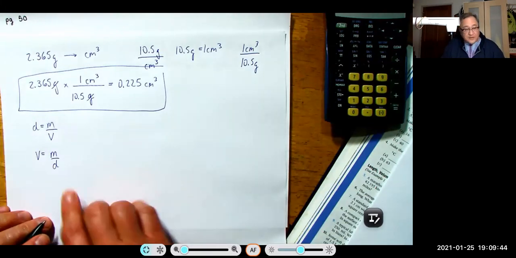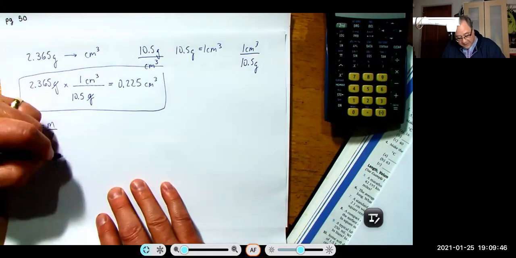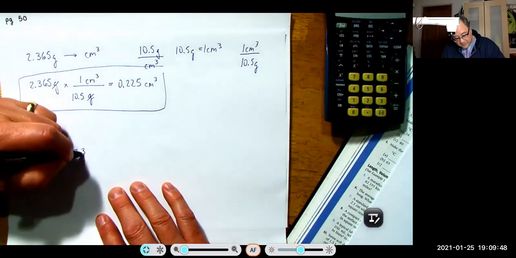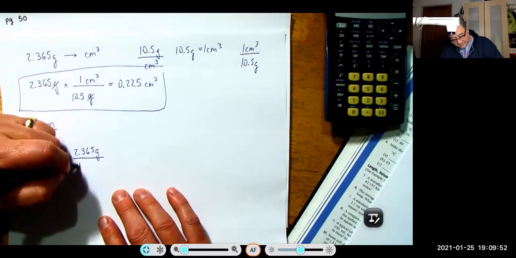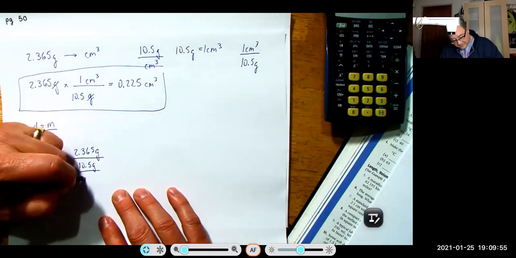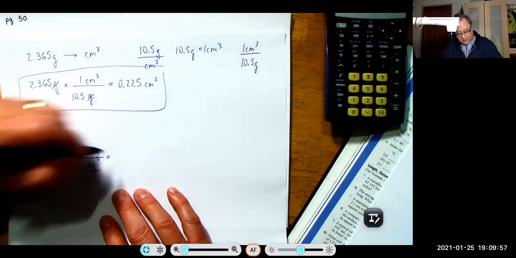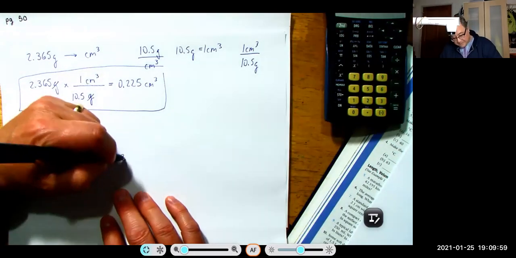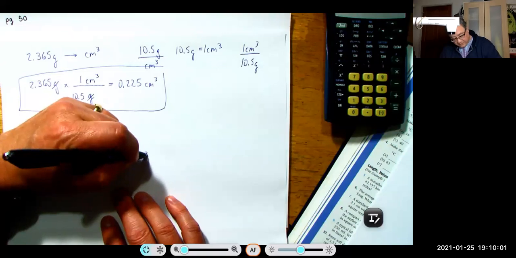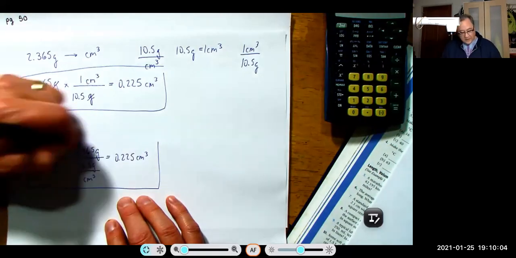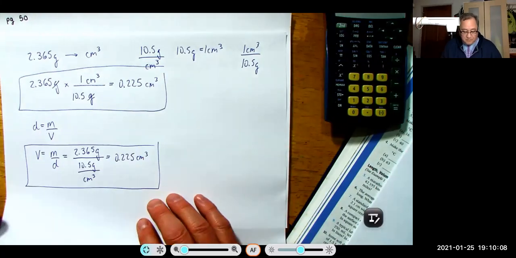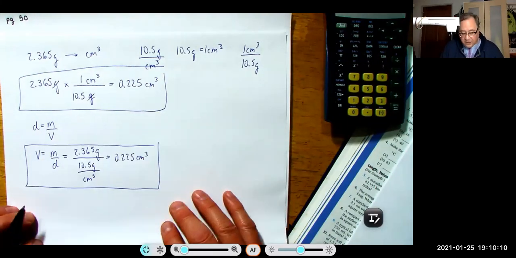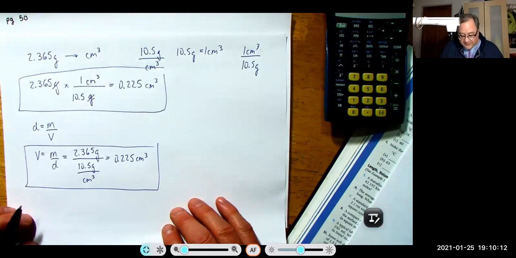So you can start with this, and then you can plug in the mass, divide by the density, and you come to the same result. I prefer this method because it makes a little more sense to me. Both are okay. So what you're going to do now is end the session.